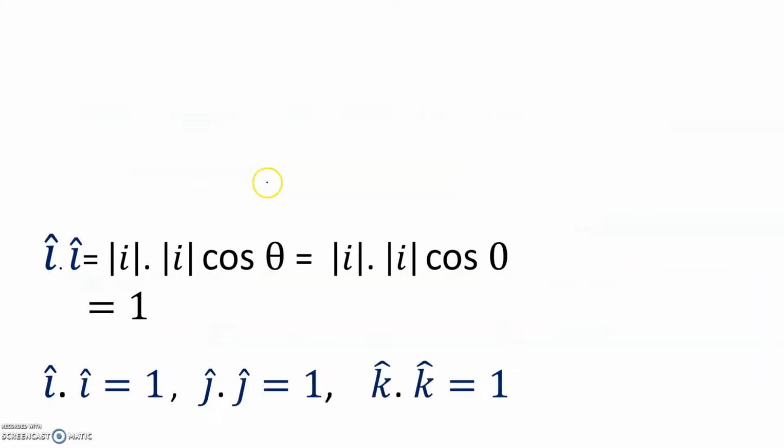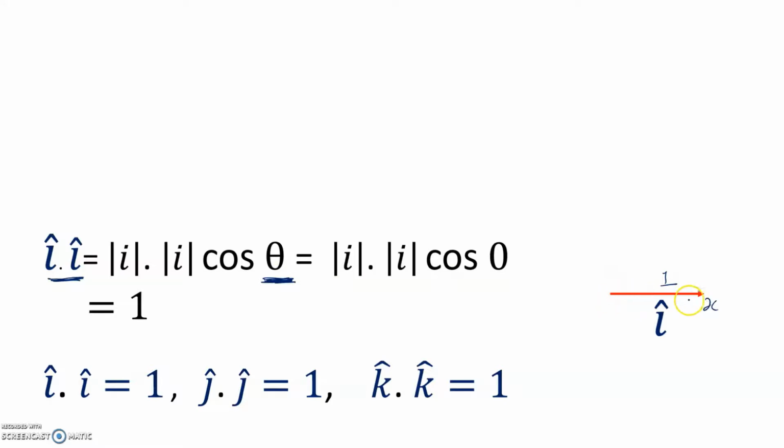Now consider the dot product of I cap into I cap. I want you to consider this. When I say I cap, it's in the x-axis, and it's a unit vector of length 1. If I'm going to multiply I with an I, what will be my theta?